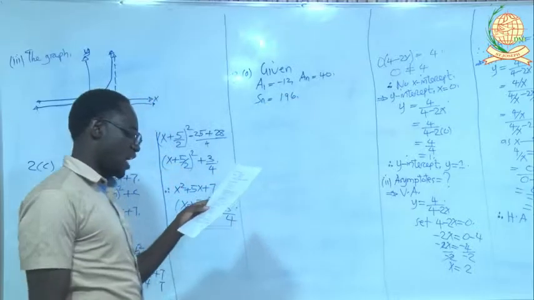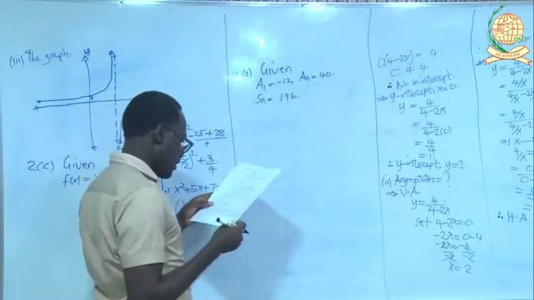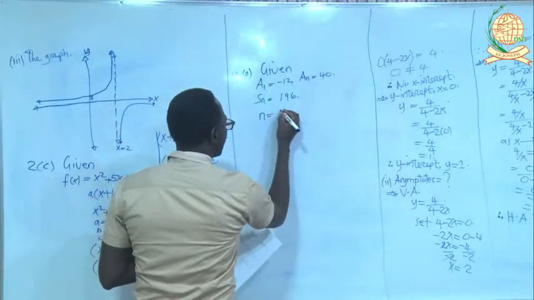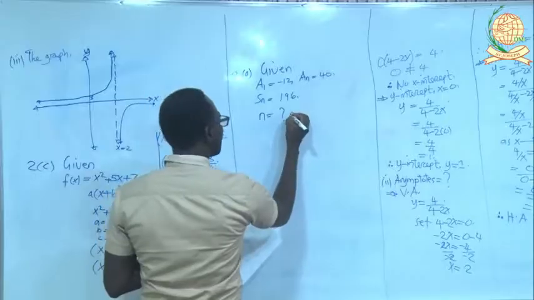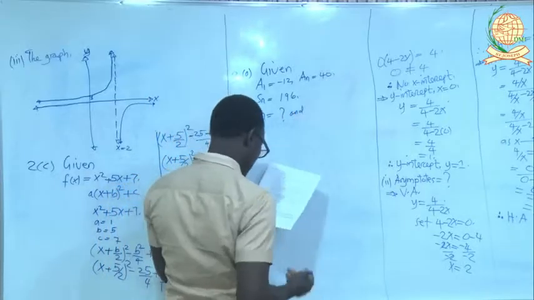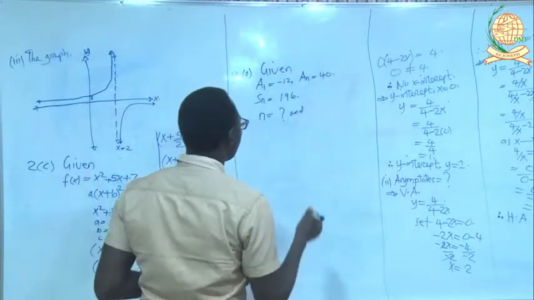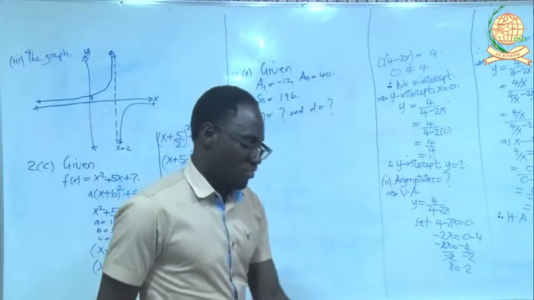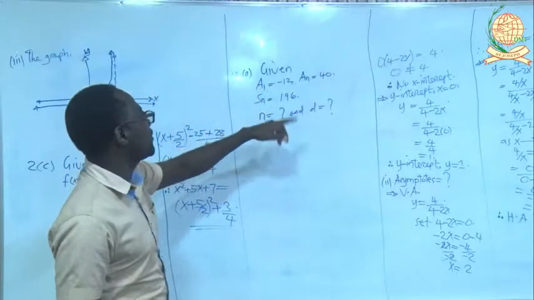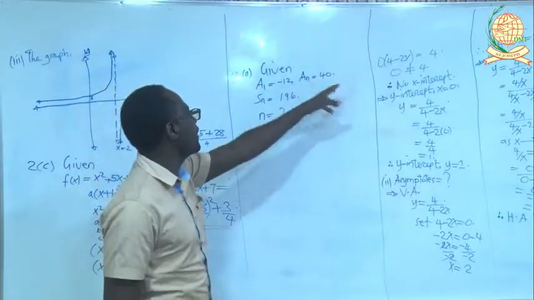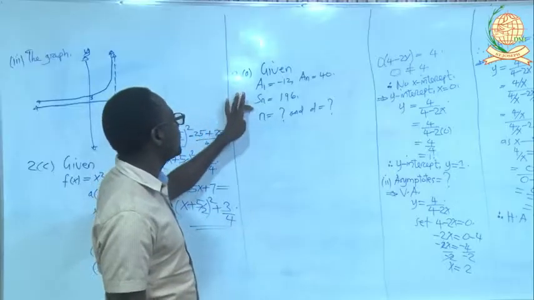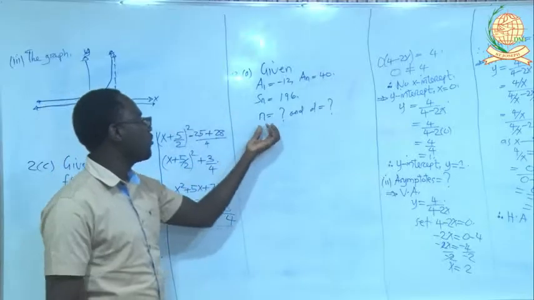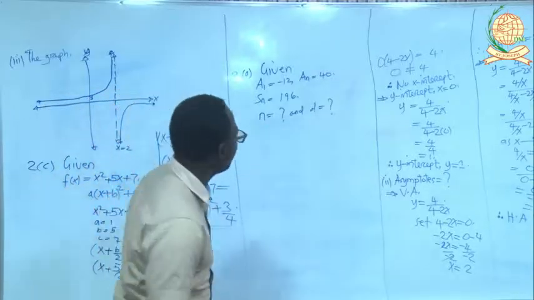From this, we are asked to find the number of terms, n, and the common difference, d.